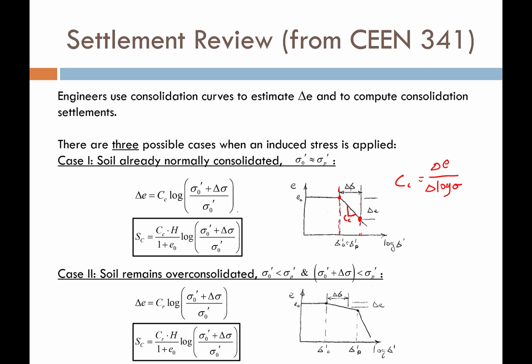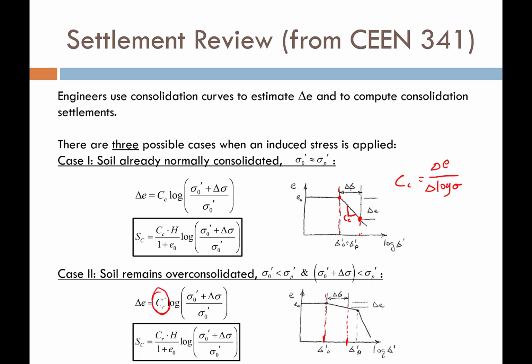Now, case number 2 would be if my effective stress in my soil was up on the over-consolidated portion of the consolidation curve, and my induced stress still kept me on that over-consolidated portion of the curve. I'm still less than my pre-consolidation stress. My induced stress was not enough to get me past that stress. So if that's the case, then I need to use a different slope.